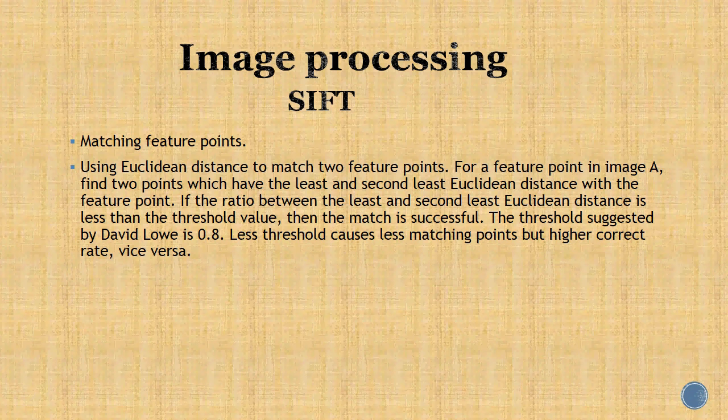The threshold value suggested by David Lowe is 0.8. A lower threshold value causes fewer matching points but a higher correct rate, and vice versa.